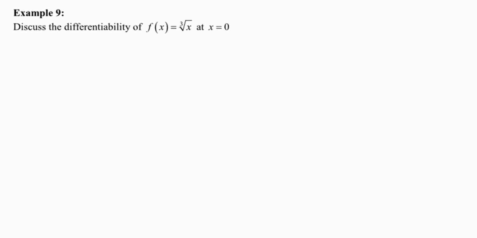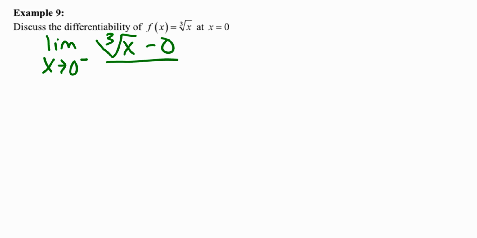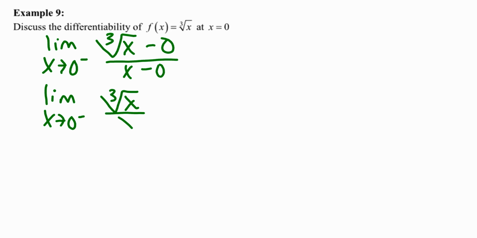Discuss the differentiability of f of x equals the cube root of x at x equals 0. So take the limit as x approaches 0 from the left of this minus 0, okay, over x minus 0. So we get the cube root of x over x.